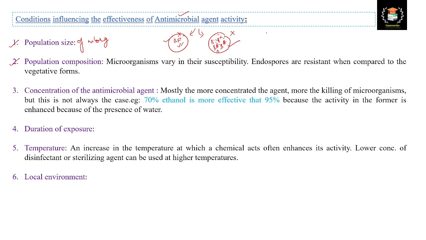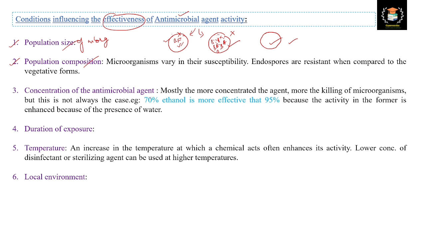So what the composition is, where you are using it, where it will be used in future, those things matter when you are testing the effectiveness of the antimicrobial agent. So the population size and the population composition of the microorganisms matter here.